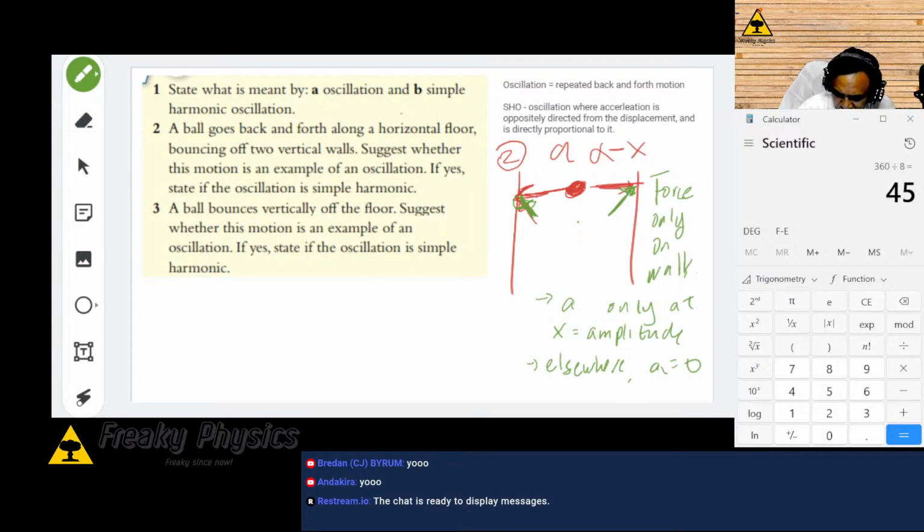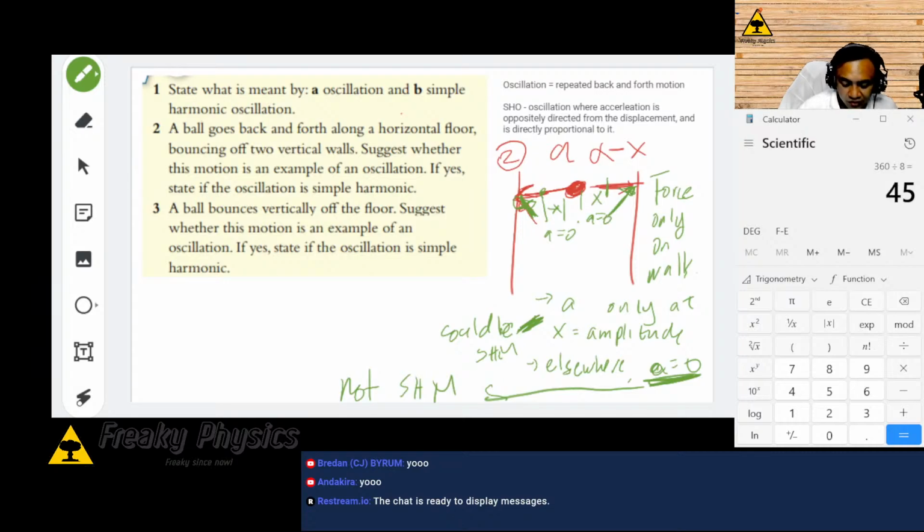So this portion here kind of makes it simple harmonic motion, but elsewhere, a equals 0 makes it not simple harmonic motion because it's no longer proportional to x. If your object is here, that still has a value x, but the a is equal to 0, not proportional. Same thing here. This has a value x, but your a here is equal to 0, also not proportional.